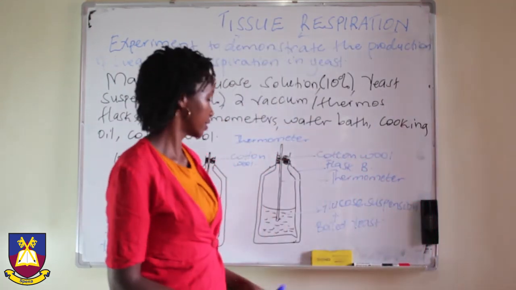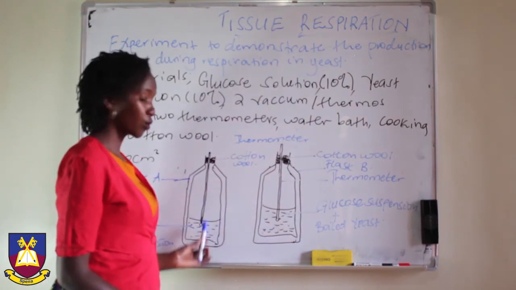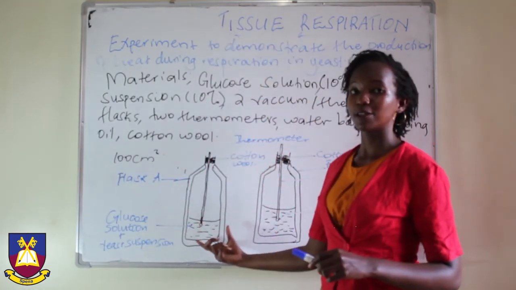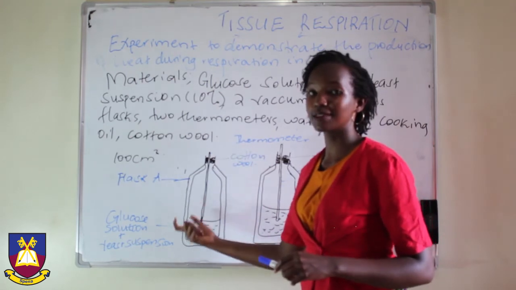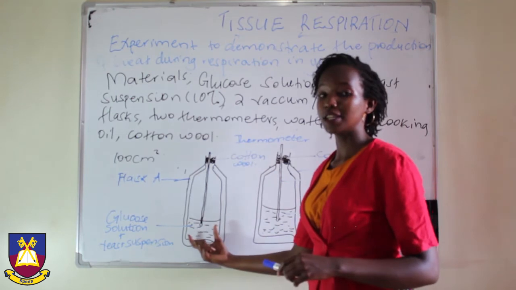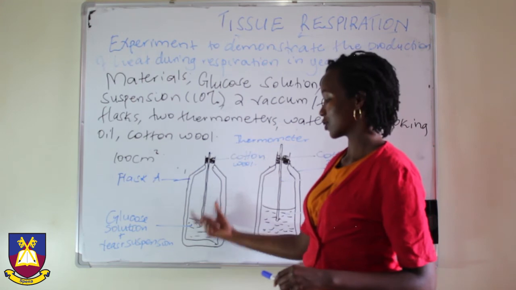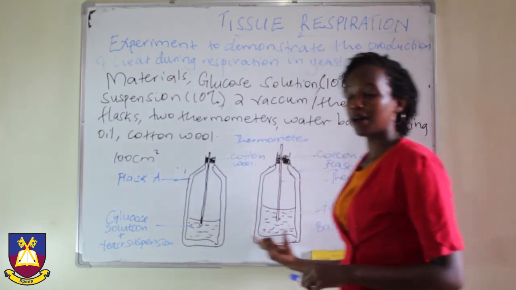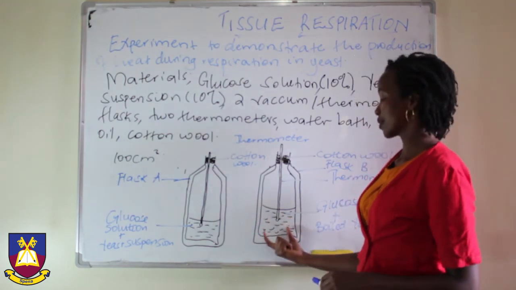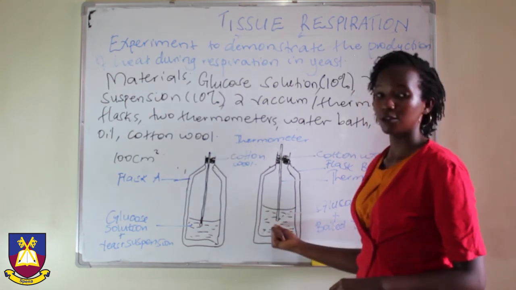That shows us that the yeast fed on the glucose to get the energy they require for life, but also heat energy was produced as a result, and that heat energy caused the change in the thermometer reading, the increased temperature within flask A. But since these yeast cells had been killed by boiling them, no respiration took place, and therefore there was no change in the temperature of the solution.